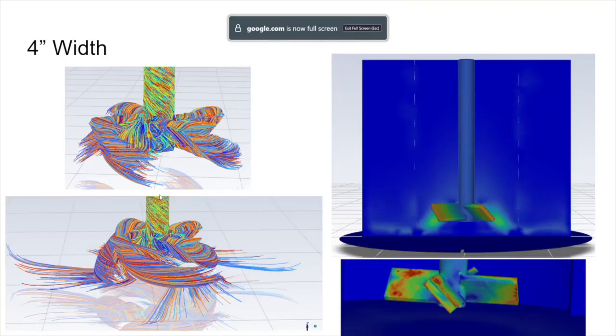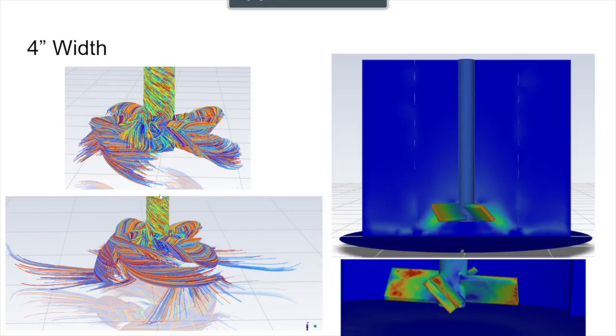Moving on to some of the other results, this is a simulation run on the 4-inch width blade with a 60 RPM motor. You can see here on the top this pathline plot, which shows us those similar tip vortices. With this pathline plot, you can actually see how, as the fluid is pushed into the ground, it spreads out along the vat and up as it hits the walls, which is what causes a lot of that rotation.